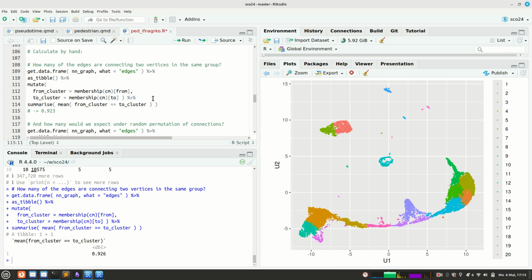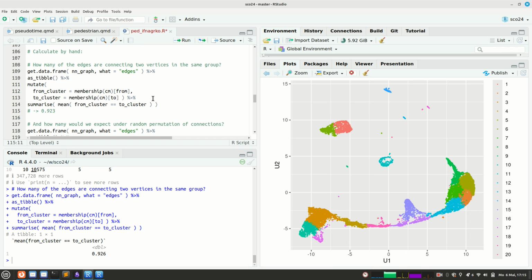That sounds high. It seems that the Louvain algorithm has found an assignment of colors to vertices which really made sure that nearly all edges, or at least 92.6%, stay within the color.